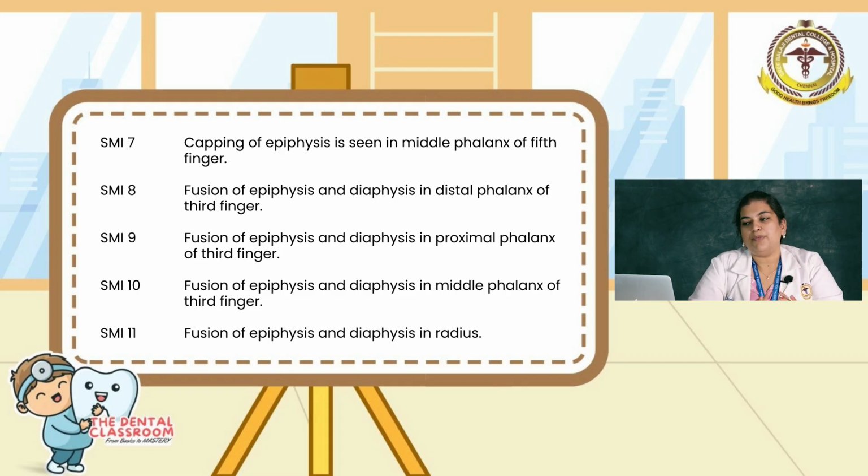SMI 9, proximal phalanx of the third finger is where you see the fusion. SMI 10, the middle phalanx of the third finger fuses completely, and in 11, all the bones are fused. The epiphysis and diaphysis of the radius are fused, the adductor sesamoid is completely ossified, and all growth is complete. Those are the indications of the Fishman skeletal maturity indicators.